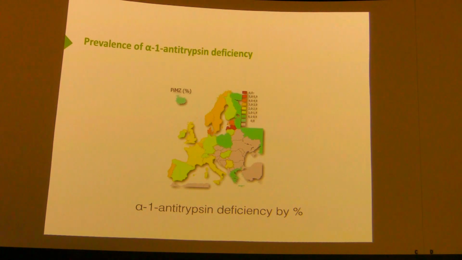The worst there being, what is that? That's not Denmark. Is that Finland? In any event, okay? I should have looked at it before I put that up there. It was dumb of me, wasn't it? Okay. You don't want to have this because you're going to be much more likely to contract emphysema.